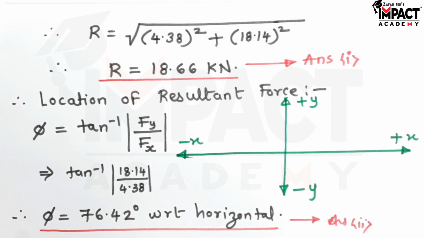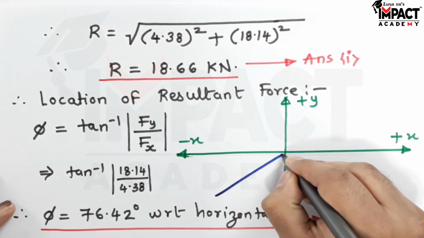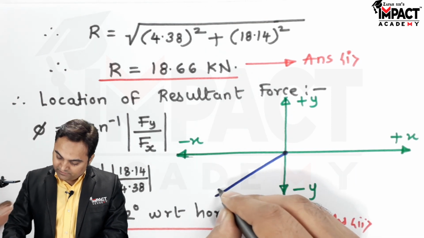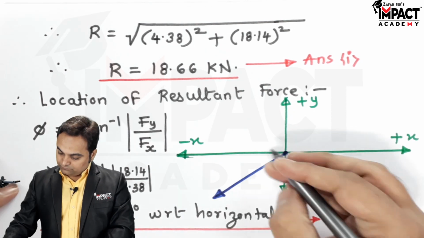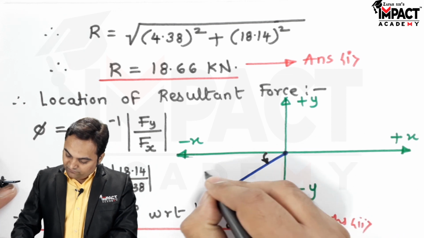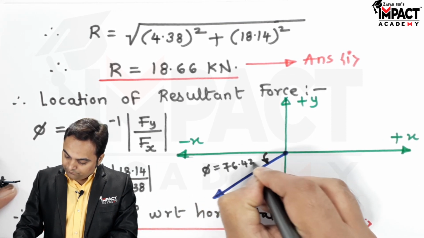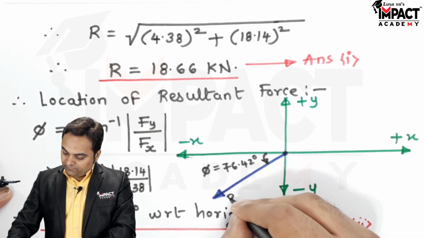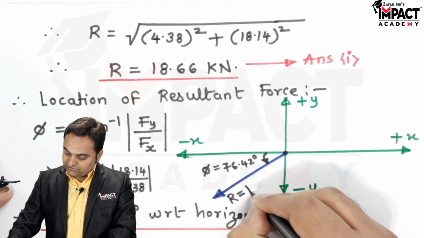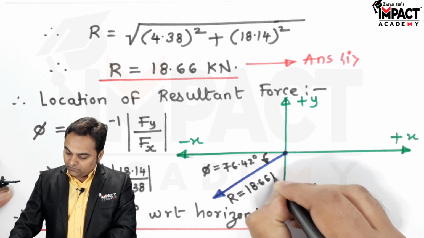So the inclination of the resultant is proportionately, we can show this angle, which is phi is equal to 76.42 degree. And this is the direction for the resultant force, which is 18.66 kilonewton.